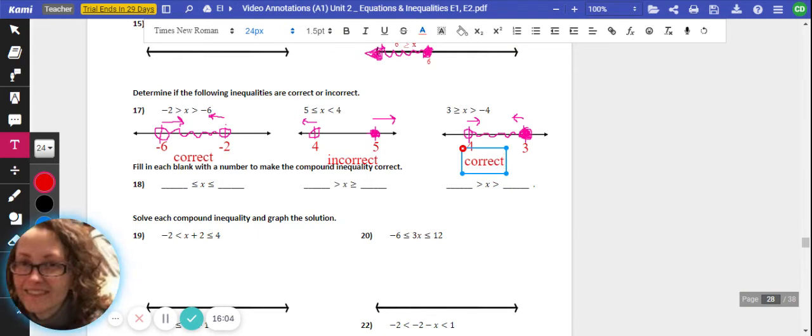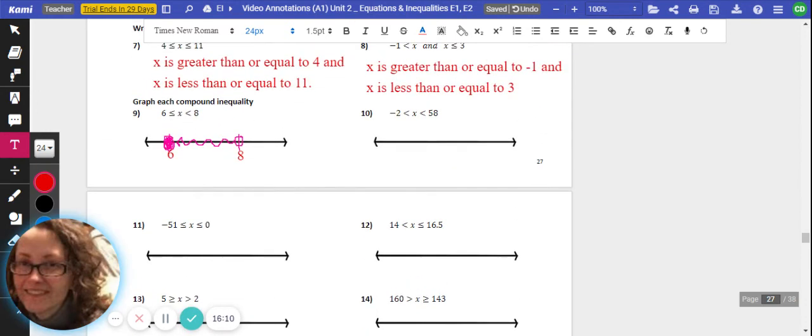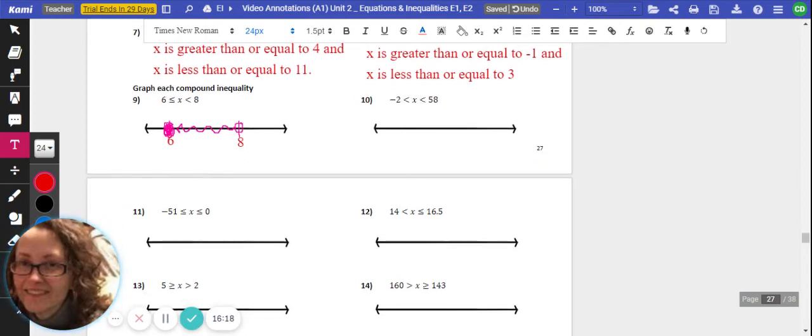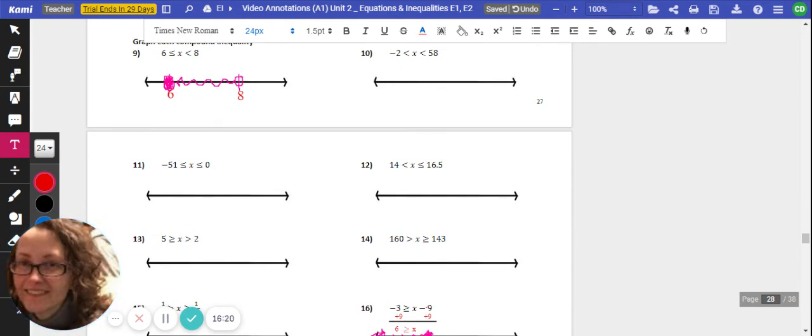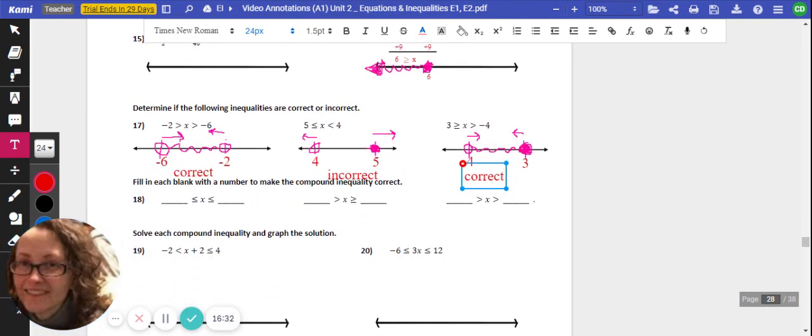So there are varying ways to write these inequalities. I don't have to have what we were looking at earlier, where my smallest value is to the left and I have both less than signs or less than or equal to signs. But to me, this is a lot easier to read if I do put my smallest value to the left and just use less than or less than or equal to signs than trying to do something like this.